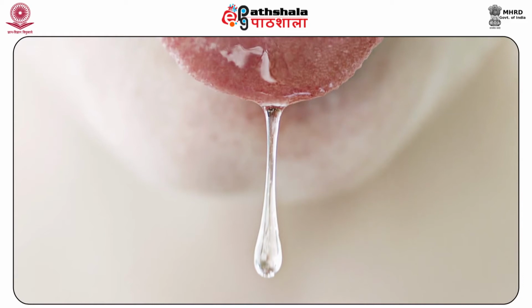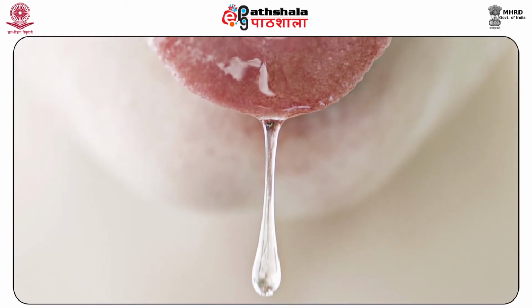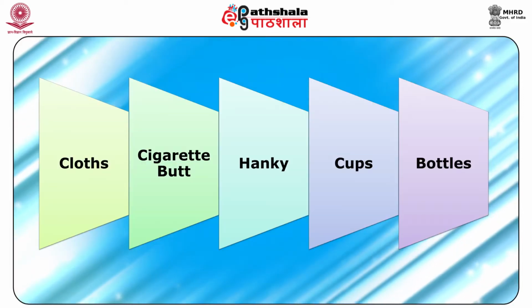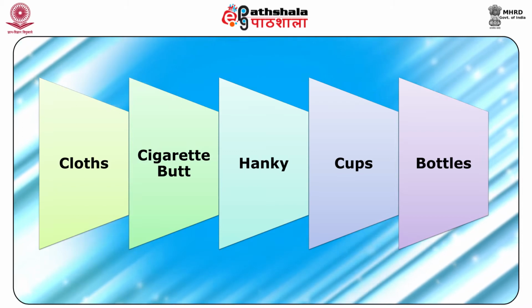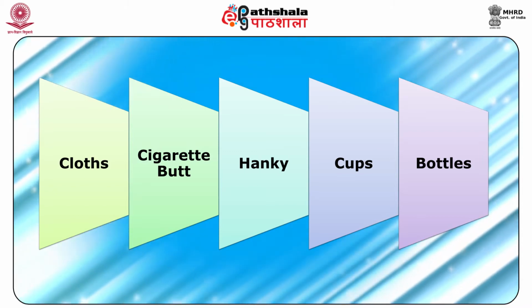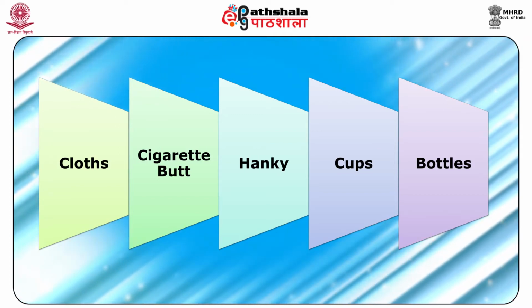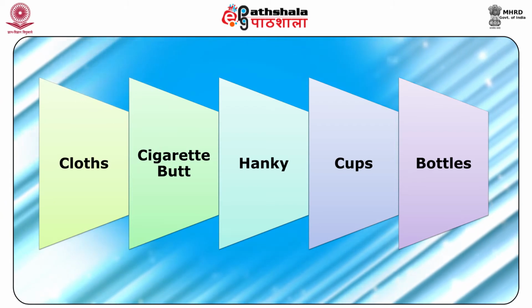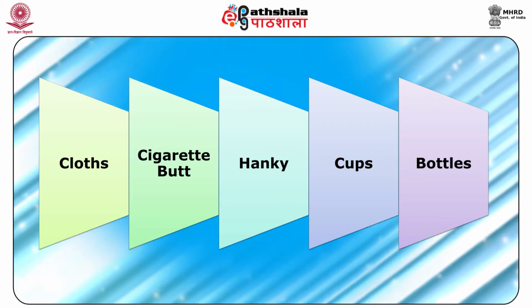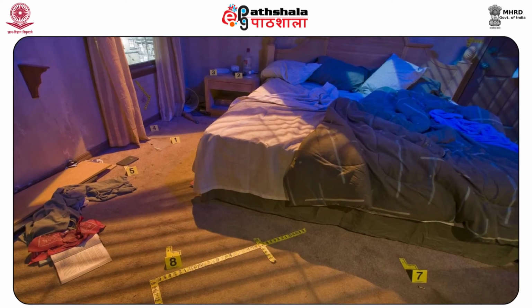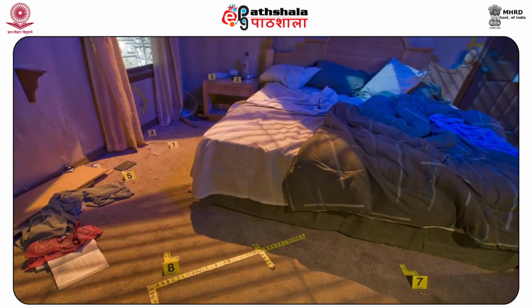It is a white, frothy, and concentrated fluid containing a mixture of antigen and enzyme. Saliva is found on clothes, cigarette butt, bottles, cup, hanky, and also in the case of biting during assault, kidnapping, hanging, quarrel, fighting, tobacco spitting, or spit, and sometimes saliva is secreted continuously from the mouth due to disease. Saliva also plays an important role in solving many cases.